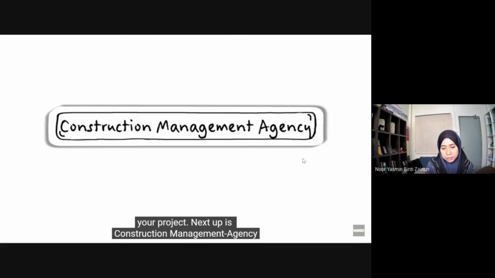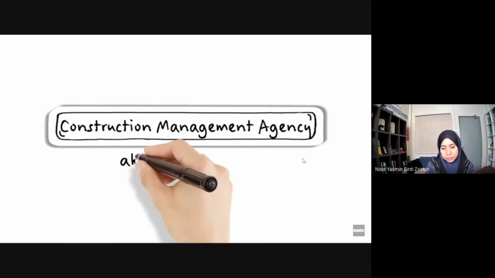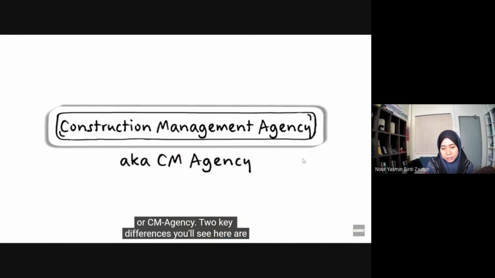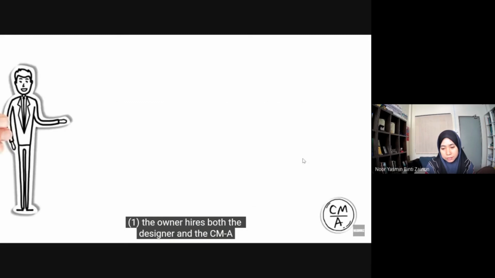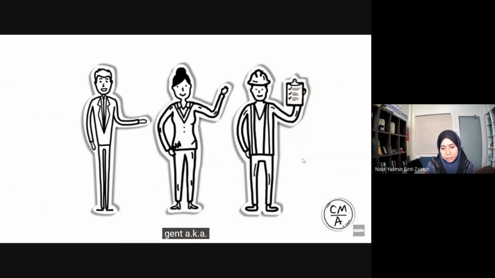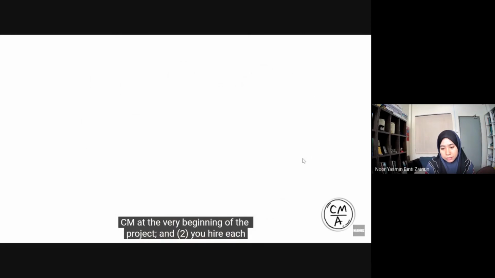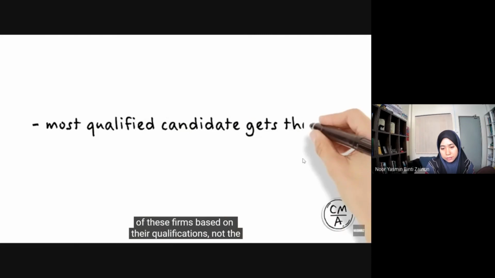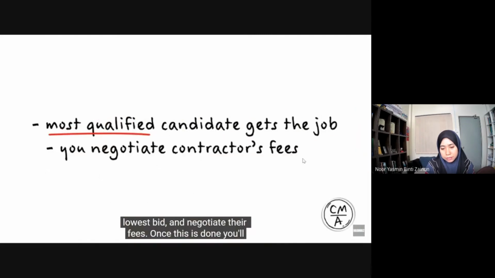Next up is Construction Management Agency, or CM Agency. Two key differences you'll see here are: one, the owner hires both the designer and the CM agent, aka CM, at the very beginning of the project. And two, you hire each of these firms based on their qualifications, not the lowest bid, and negotiate their fees.